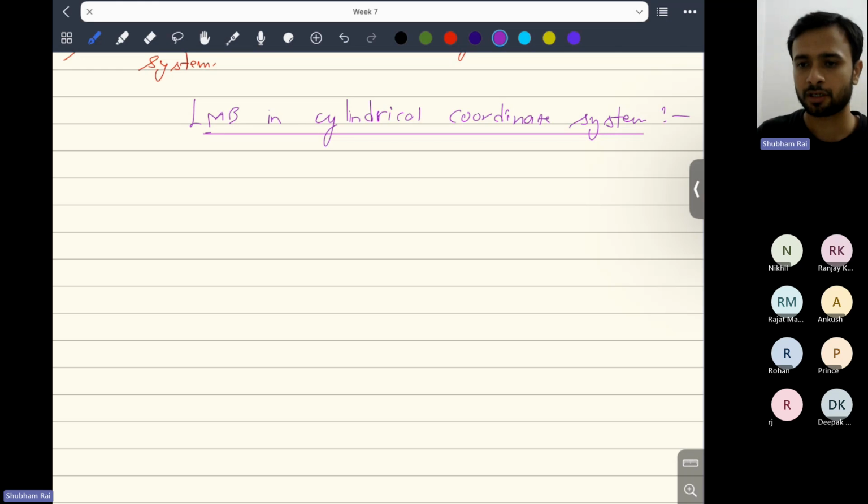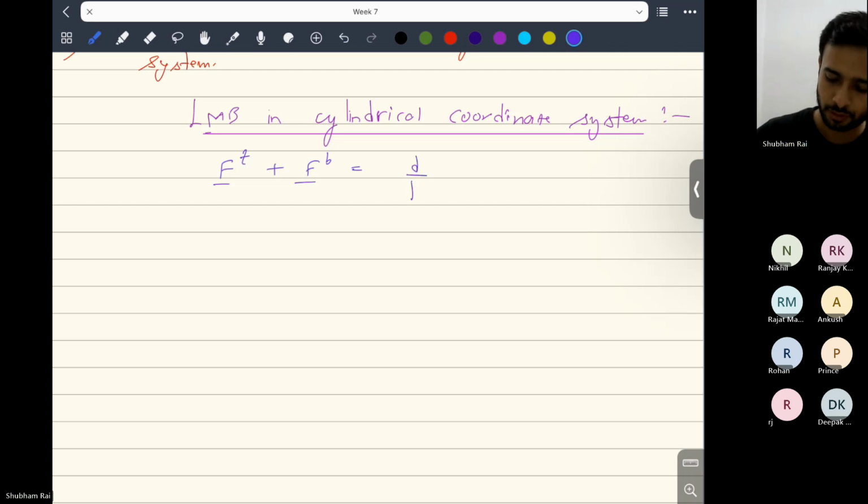External force may comprise of traction force and body forces. So let me just write. External force can be from traction and body force, and this should be equal to rate of change of linear momentum.